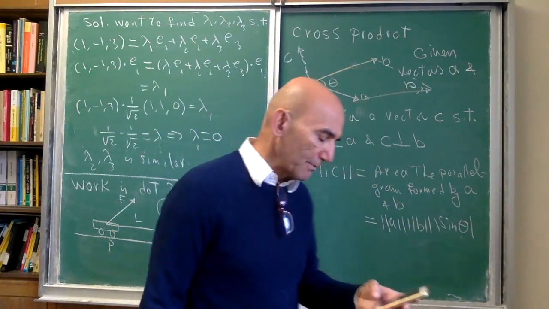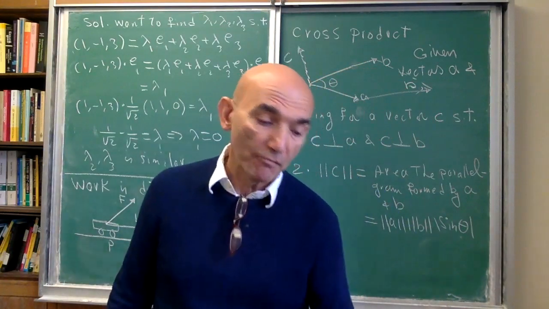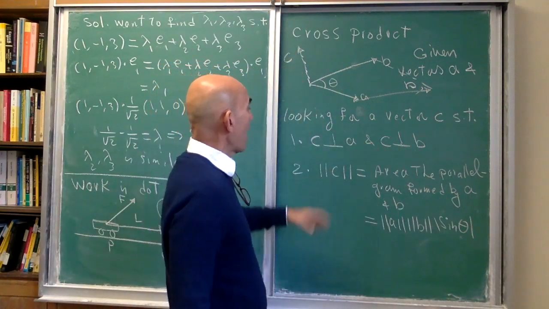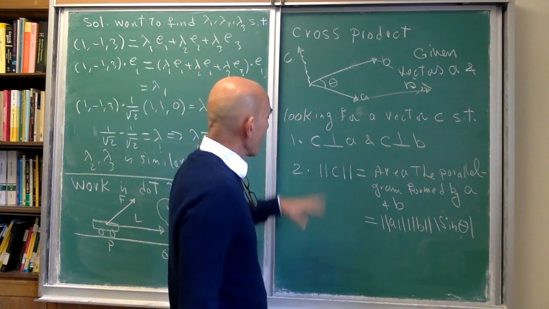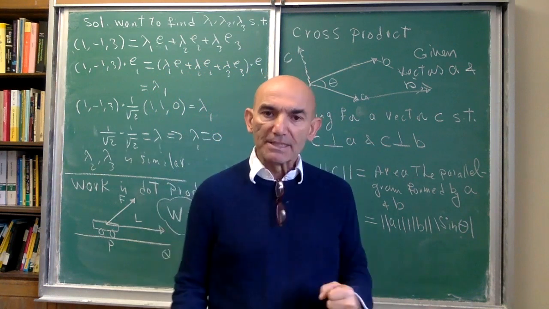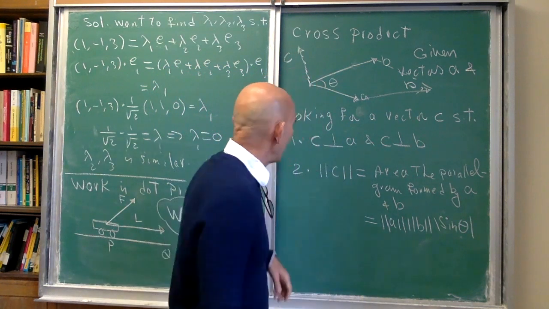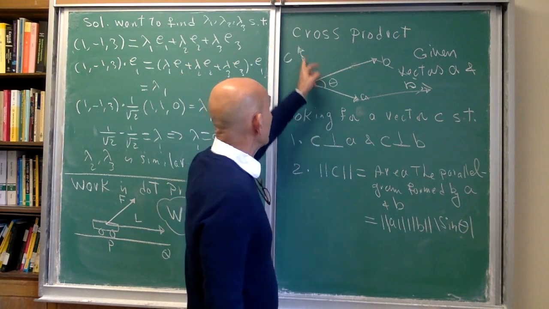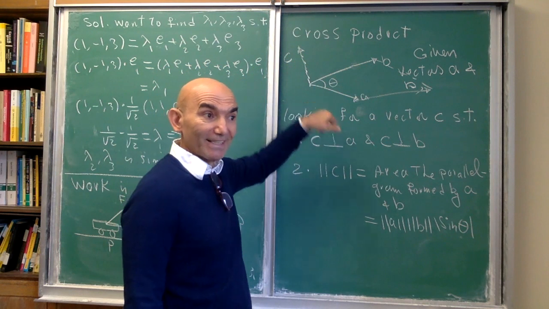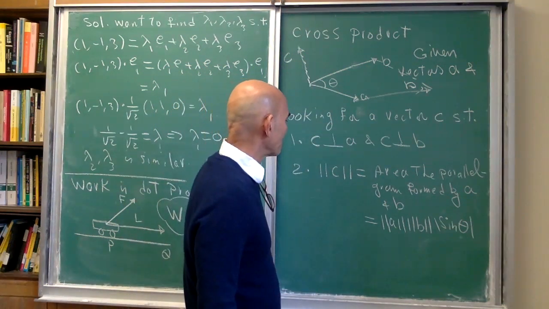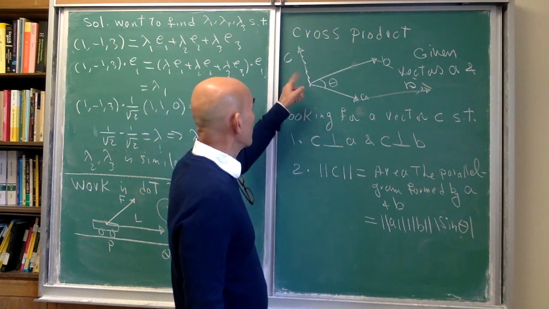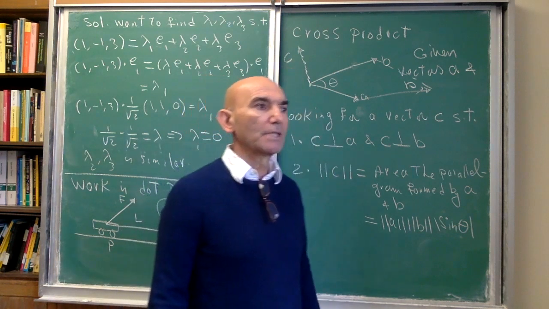We have given the direction, in other words, we have given the line that contains C, and we have given the magnitude of C. But the point is that 1 and 2 do not completely fix C, because C might be in this direction or in the opposite direction with the same magnitude, right? So we have to say which direction you choose.